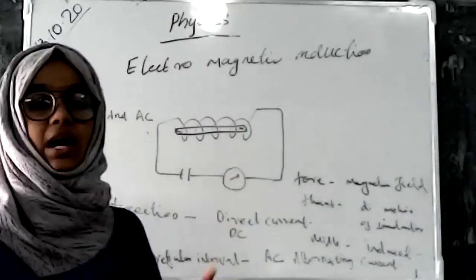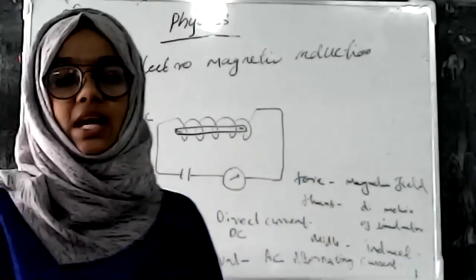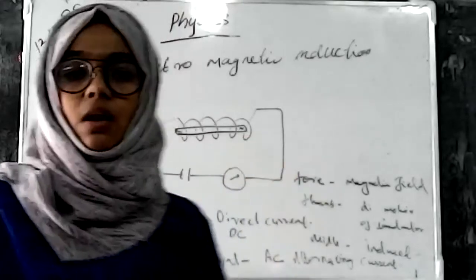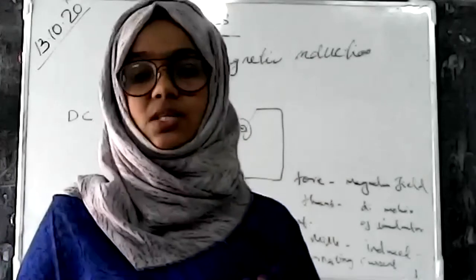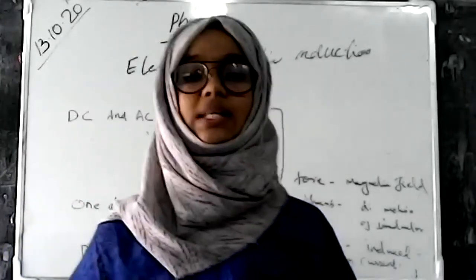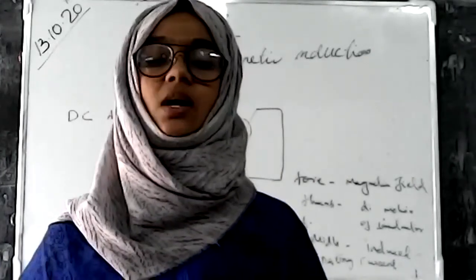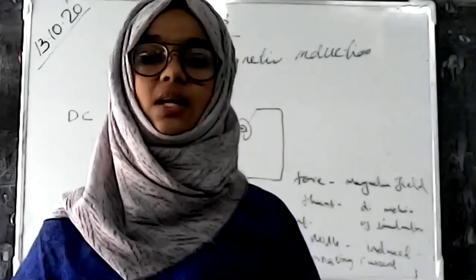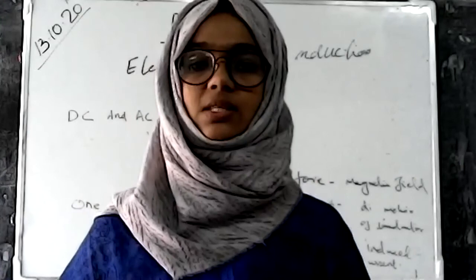AC is a continuous current, but the direction of that current changes at a regular interval. But DC is a direct current, having no direction change. So I think all of you understand what electromagnetic induction, Fleming's right hand rule, and DC and AC currents are. So that's all about today's class. Thank you.